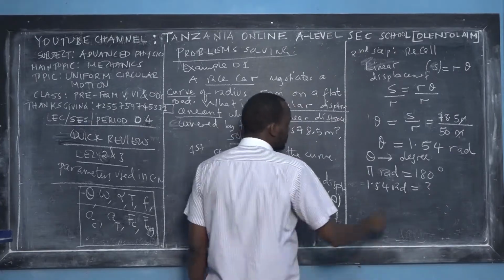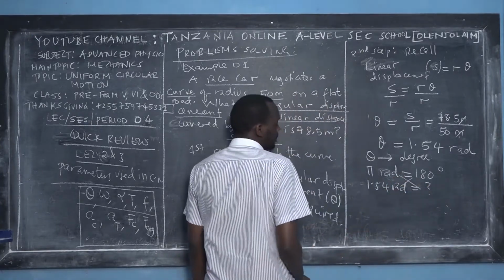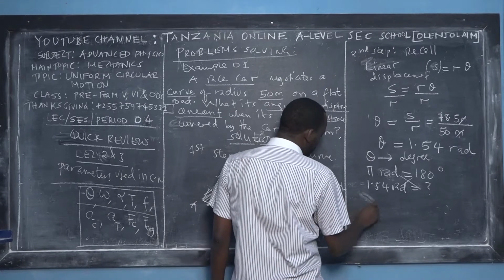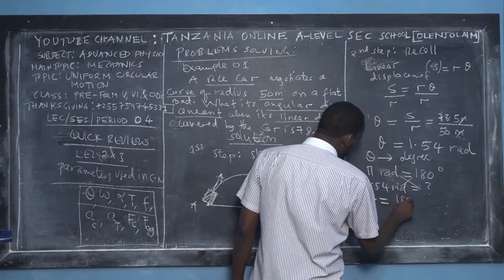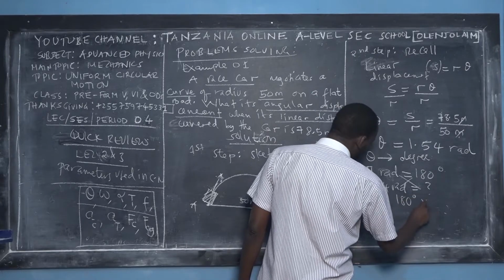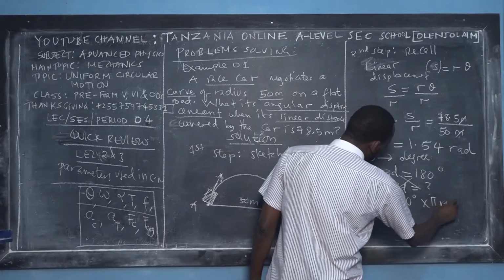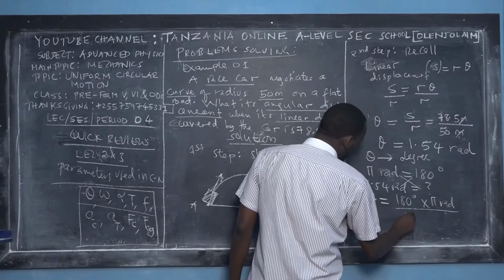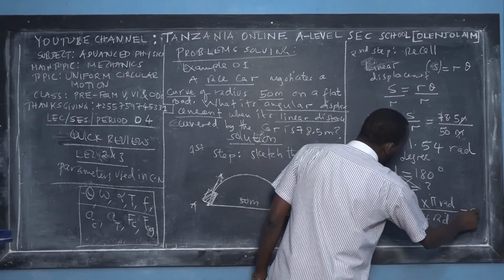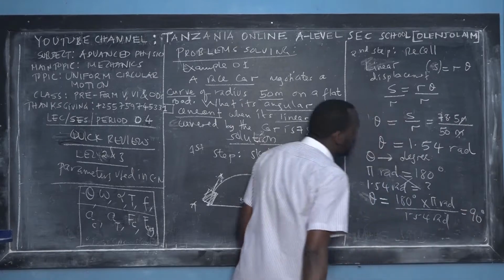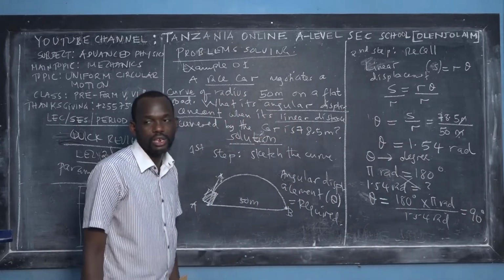So you cross multiply and then you find the value of angular displacement in degrees. It will be 180 degrees multiplied by 1.54 radians and then divided by pi radians. If you do your computations, you'll find the angle is approximately equal to 90.